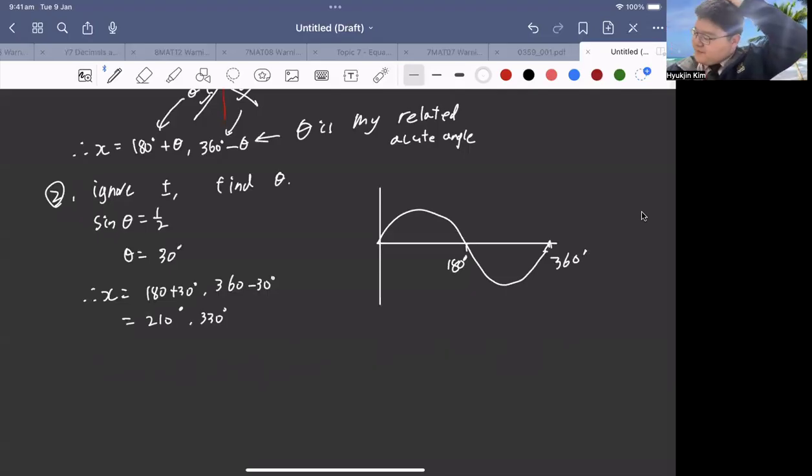If I'm looking for negative half, I'm assuming it would be this point over here. Two answers. Yeah, and it's going to be somewhere around here. It makes sense because it's 180 plus 30 degrees and 360 minus 30 degrees. That's how it is. Okay.